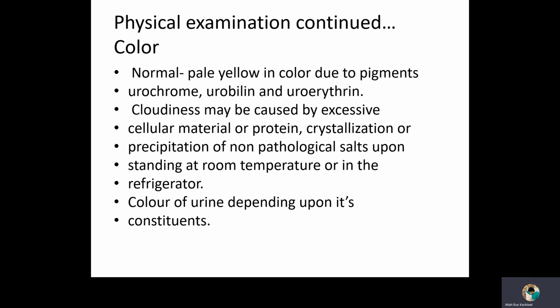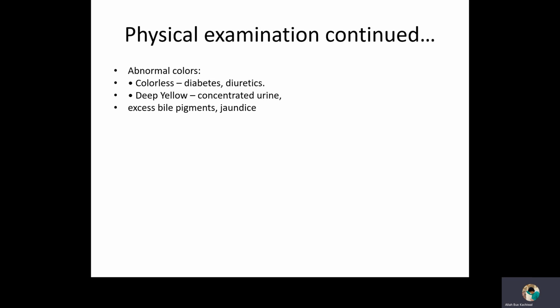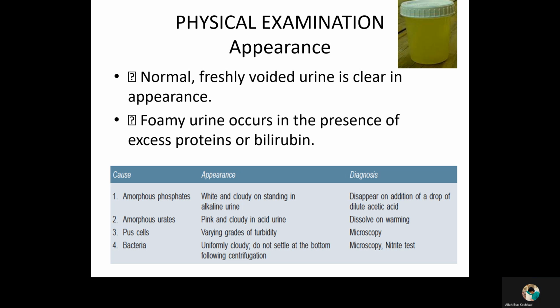So the color of the urine depends upon its constituents. Continuing with color: colorless in diabetes and diuretics; deep yellow, concentrated urine, excessive bile pigments, and jaundice.